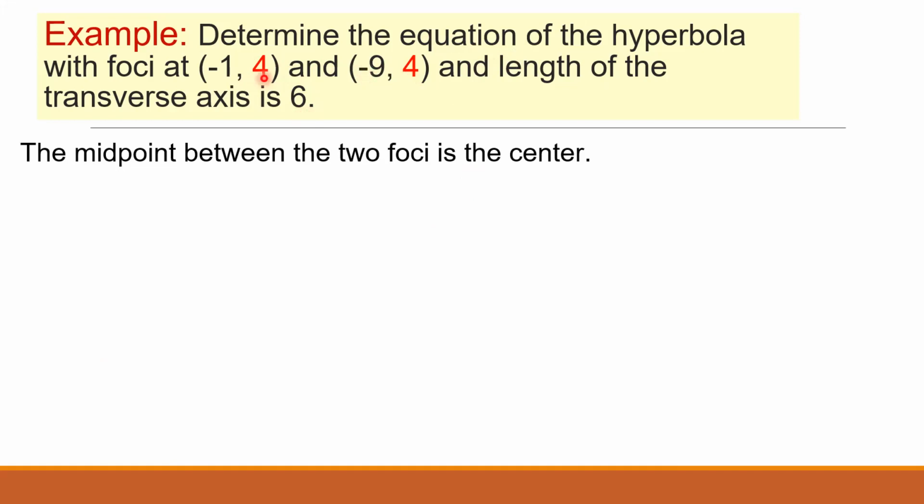So we don't have a problem anymore with the y coordinate of this center. So automatically it will be 4. It's just a matter of averaging the x coordinate. So yun na lang yung i-add natin and divide by 2. Negative 10 divided by 2 will be negative 5. So negative 5, 4 is the center. What kind of hyperbola is this?